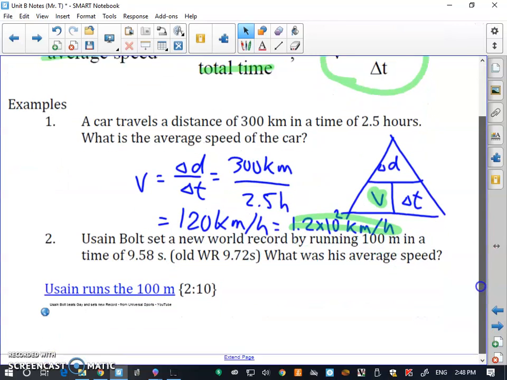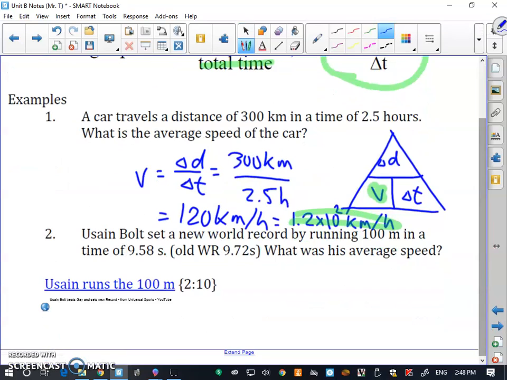All right, here's another example for you. We're looking at Usain Bolt. He set a new world record by running 100 meters in a time of 9.58 seconds, beating the old world record. What was his average speed? Well, speed, delta d over delta t, put in your 100 meter dash here, over 9.58 seconds.